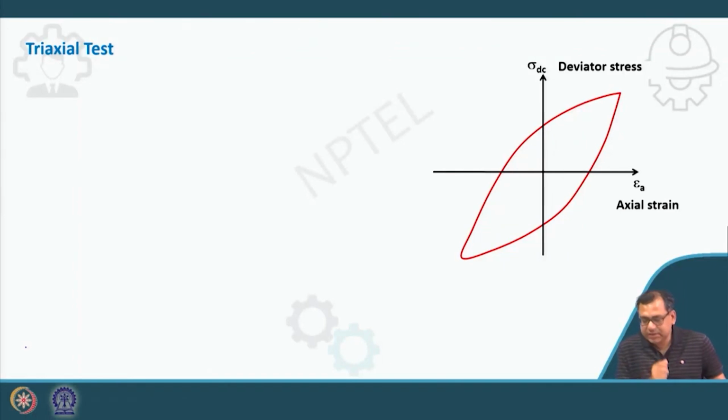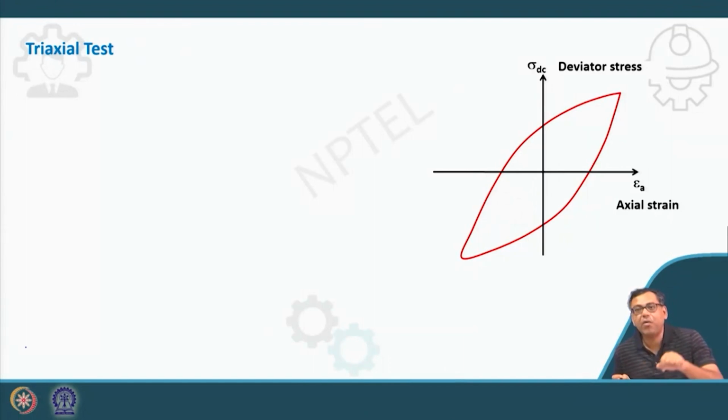But in the triaxial test I will get the axial strain versus deviatoric stress. I will not get the shear stress versus shear strain directly. From the cyclic simple shear test, I will directly get the shear stress versus shear strain. But from the triaxial test, which is very common, I will get deviator stress versus axial strain.